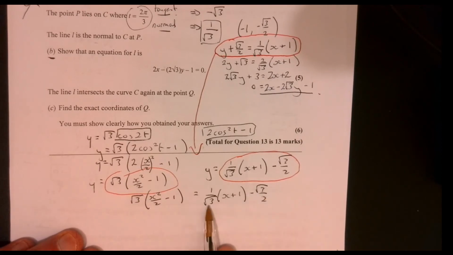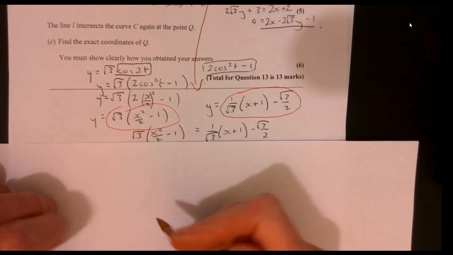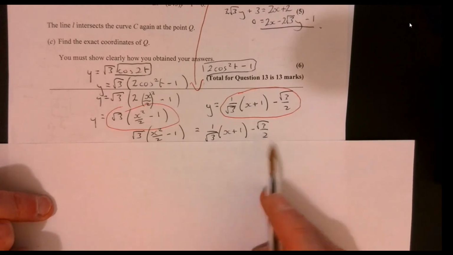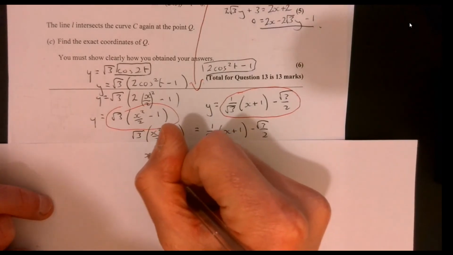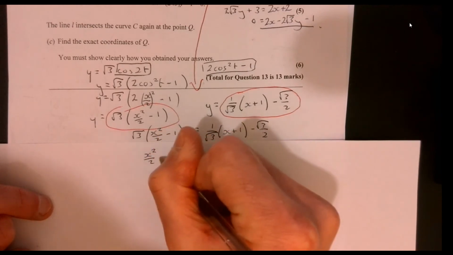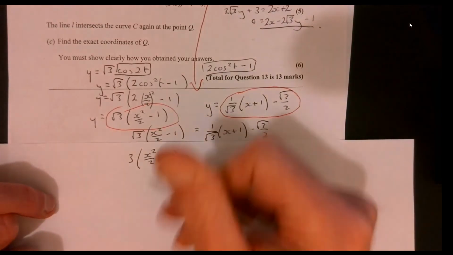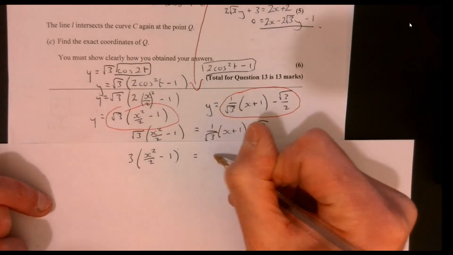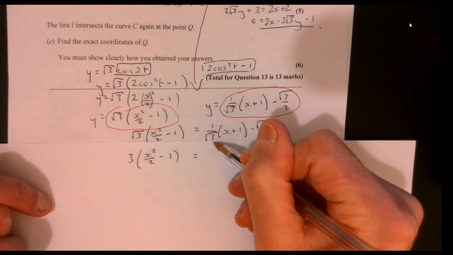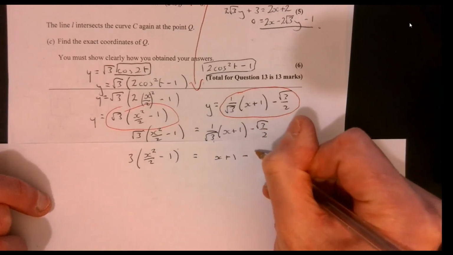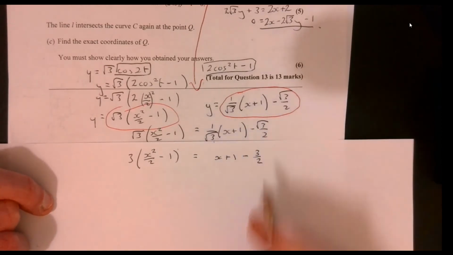Right, if we multiply both sides, just everything by root 3. So we get x squared over 2. We're going to get 3 just there. And then that's just going to cancel there. So that's just going to give me x plus 1. And then we're going to take away 3 over 2.